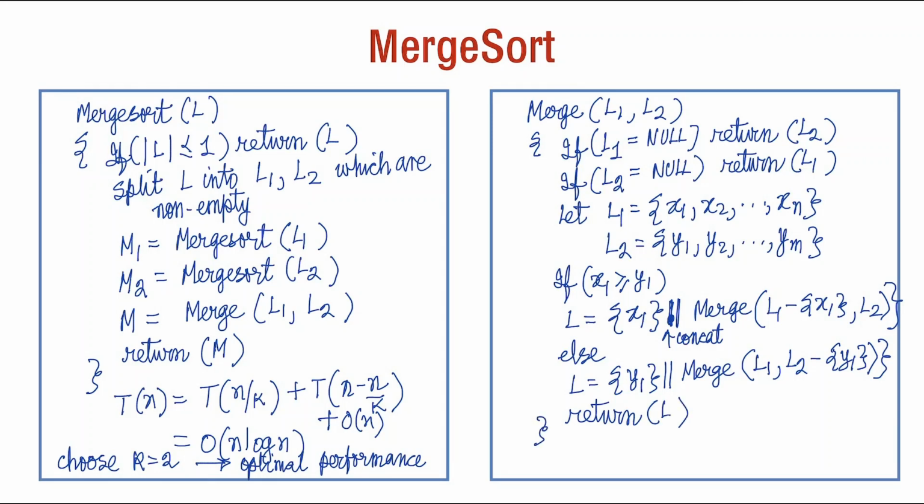It is not difficult to see that the algorithm takes order n complexity because it takes only one step. It is a recursive algorithm in which the problem size reduces by 1. So here T(n) is equal to T(n minus 1) plus 1.